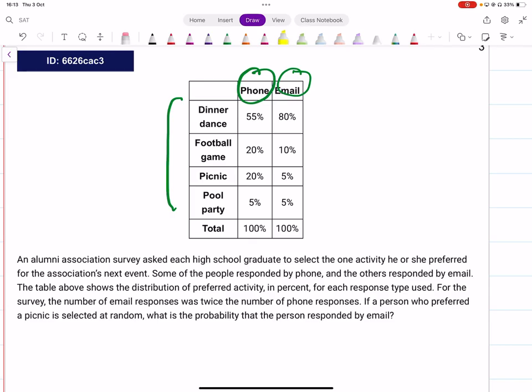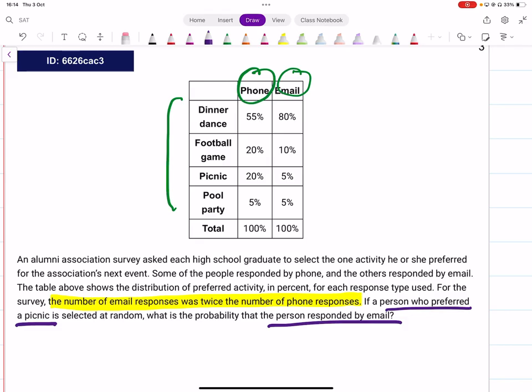Okay, now this is the important part. For the survey, the number of email responses was twice the number of phone responses. If a person who preferred a picnic is selected at random, so who are we selecting? A person who preferred picnic. What's the probability that the person responded by email?